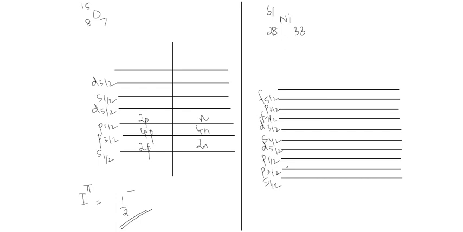And now let me consider the filling of protons and neutrons. I have 2 protons, 2 neutrons, 4, 4, then 2 protons, 2 neutrons, then 6 protons, 6 neutrons.